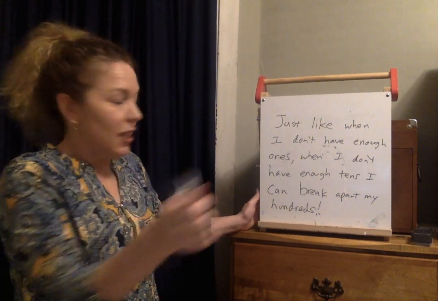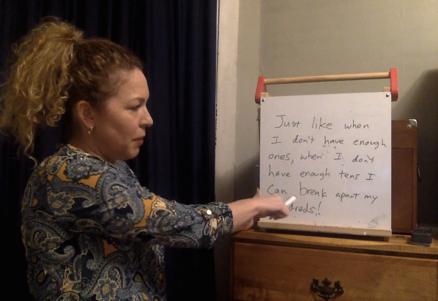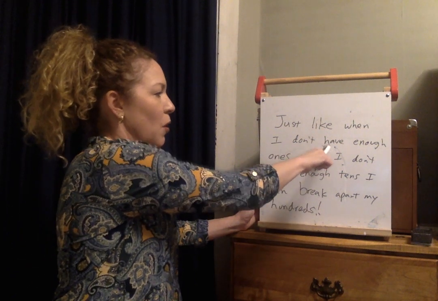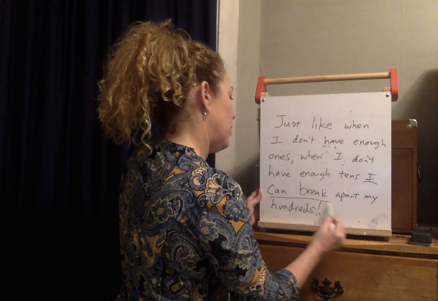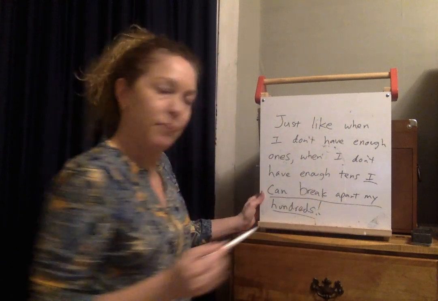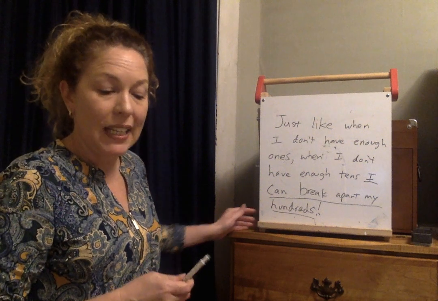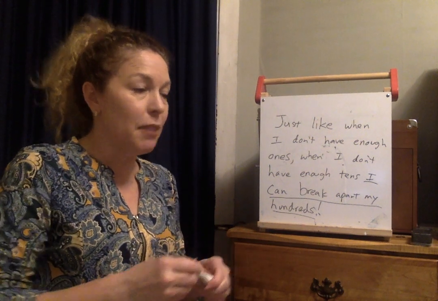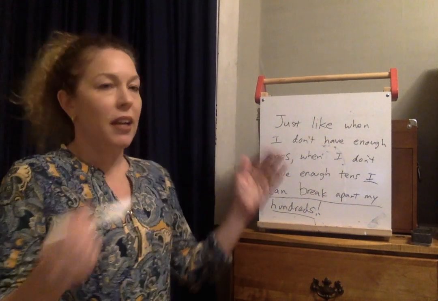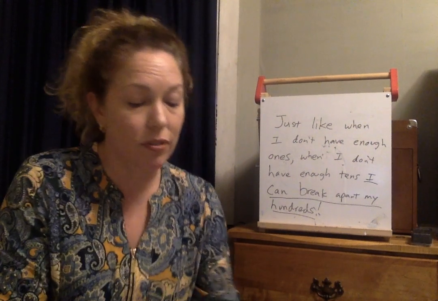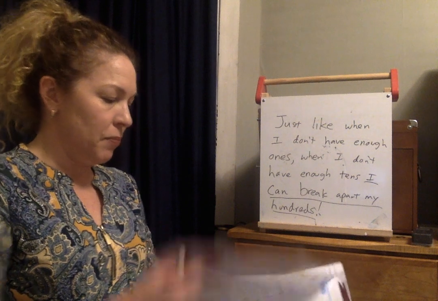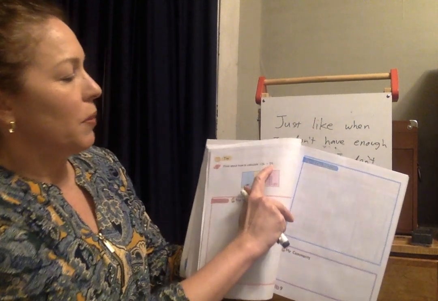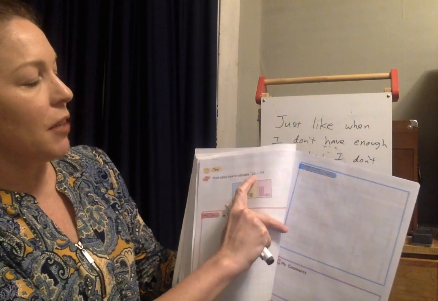So if you need something to write, if you were stumped, you can write what Ms. Mouchon wrote or some version of it. You could also just write, I can break apart my hundreds. Okay? The point is that you start to see the pattern that if you don't have enough on top in your algorithm, right? So we got a 5 in our tens place that we're trying to take away from the 2. You can always break apart your hundreds.